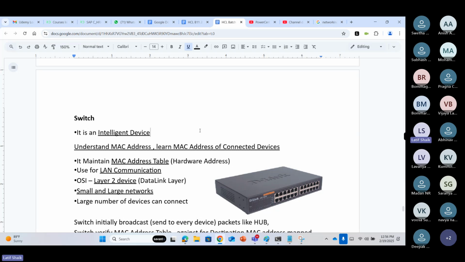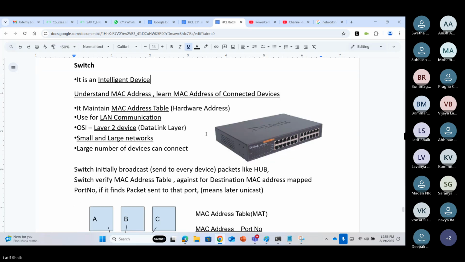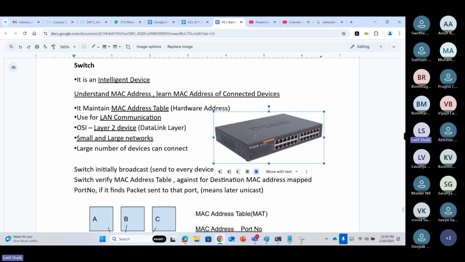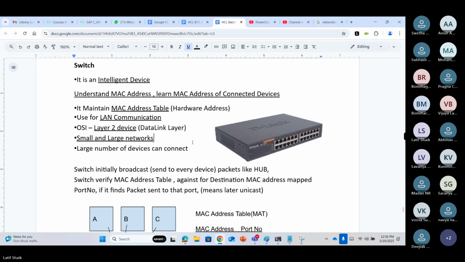A large number of devices can be connected to a switch. This is how switches look. Search Google for networking switches and you will find different switches and how they look. A switch initially does broadcasting, but later it does unicast using the MAC address table.